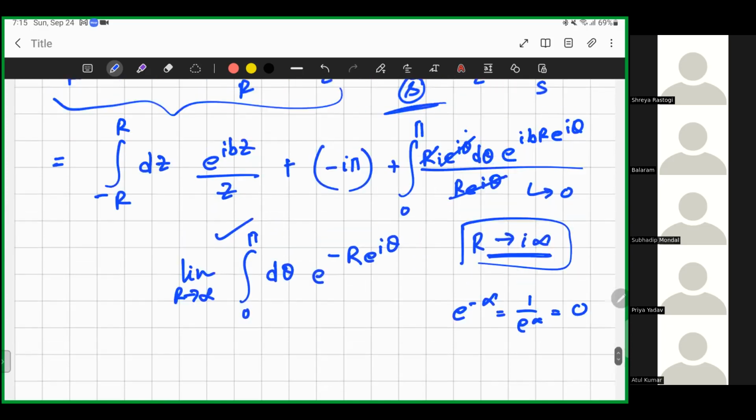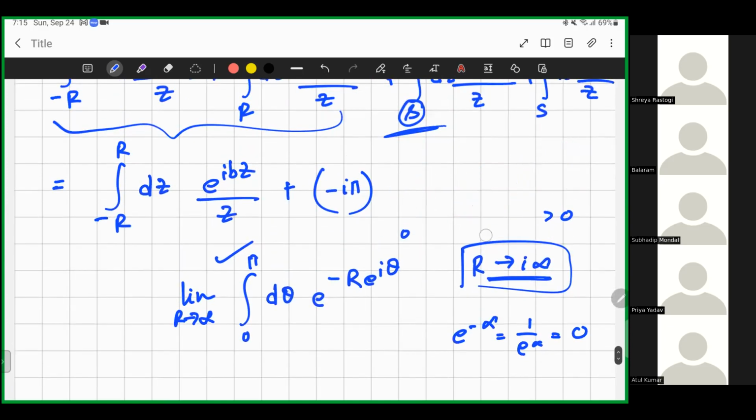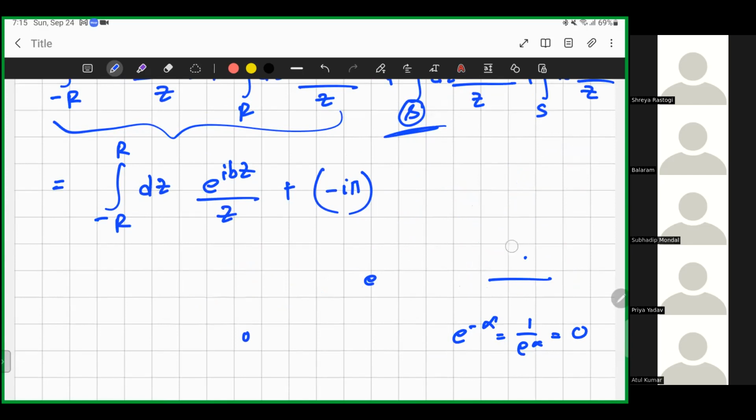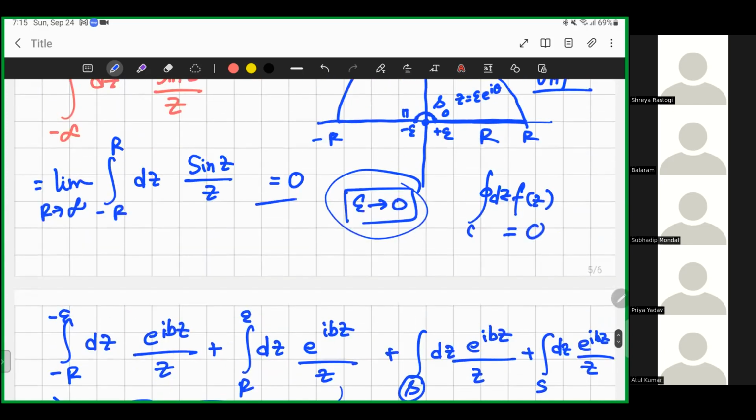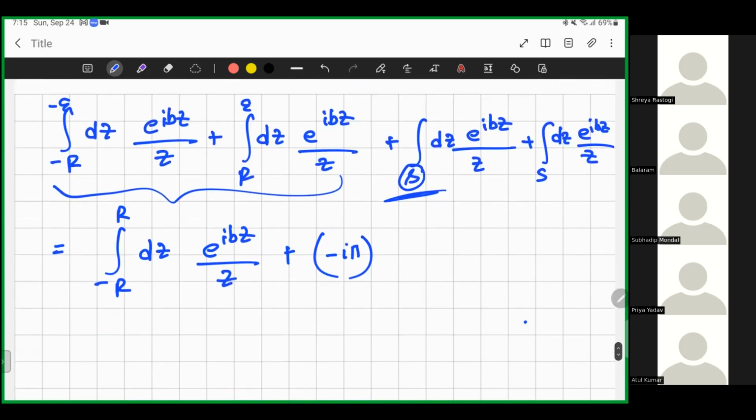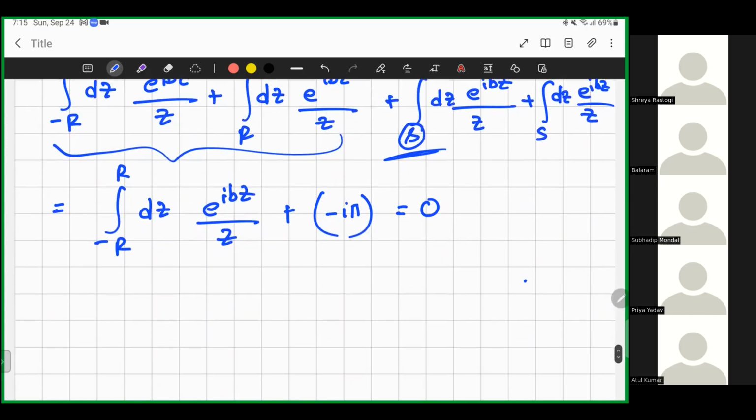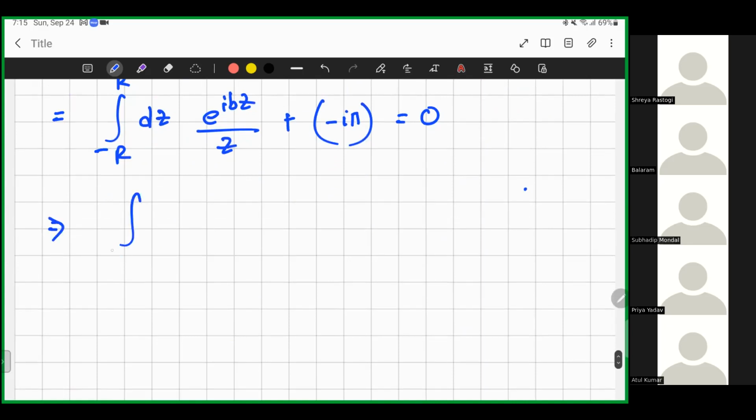So this part will go away. If we remember, this overall integration is zero when r tends to infinity. So we can write it from minus infinity to infinity, because we already put r tends to infinity. Then it will be the integral of e^{ibz}/z equals i pi.